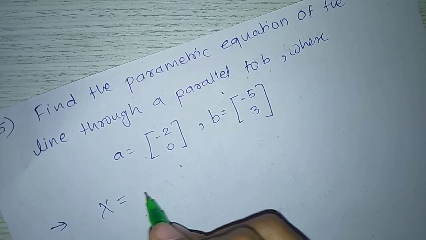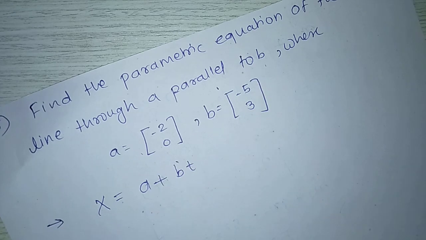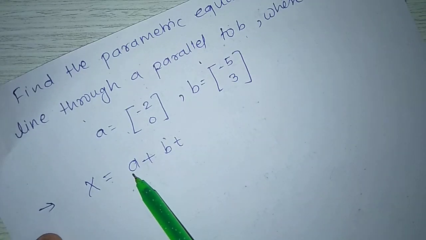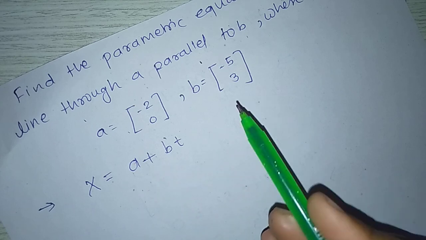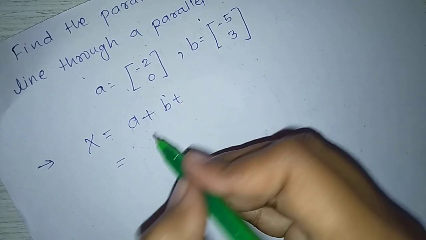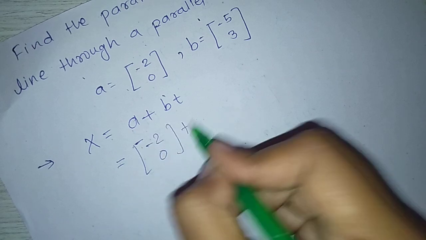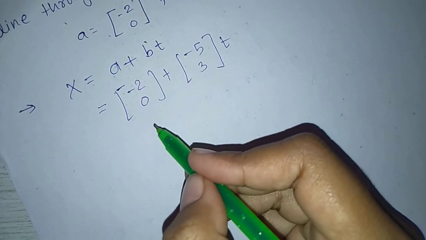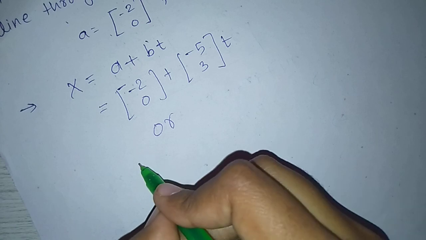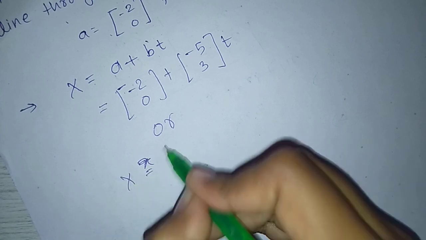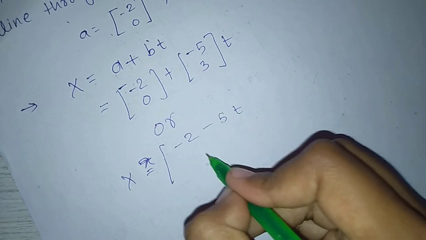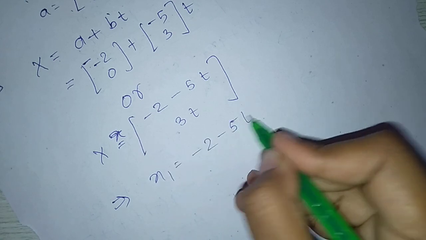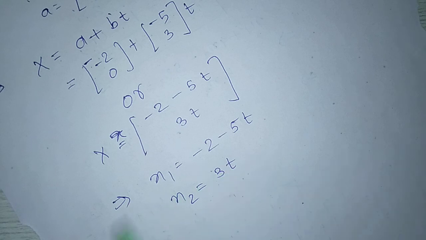Given a line through a parallel to b, x equal to a plus bt, which is equal to (-2, 0) plus t times (-5, 3), or x equal to (-2 - 5t, 3t), which implies x1 equal to -2 - 5t, x2 equal to 3t.